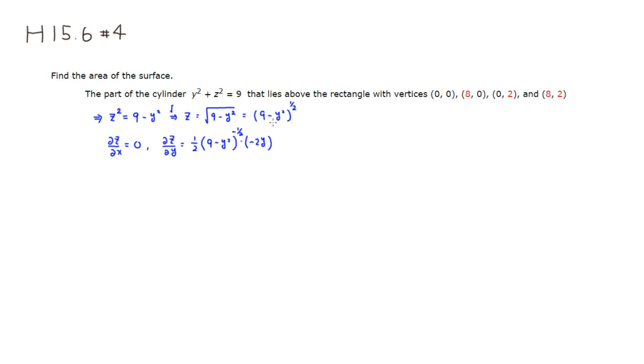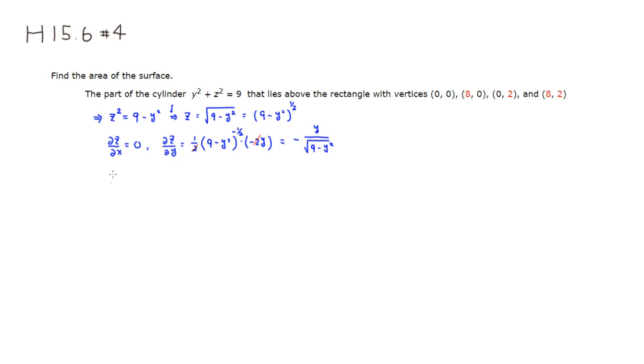We can cancel the 2 on top and the 2 on the bottom, so we end up getting negative y over the square root of 9 minus y squared.